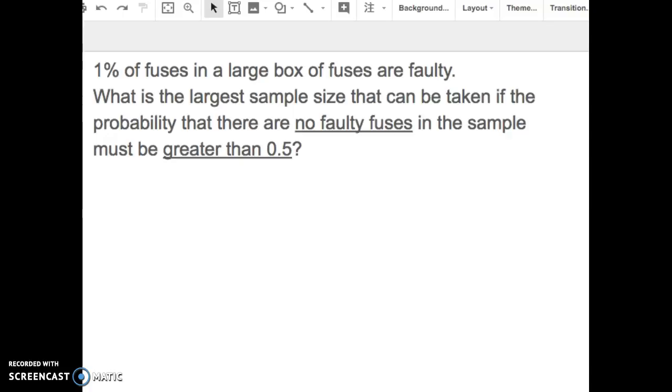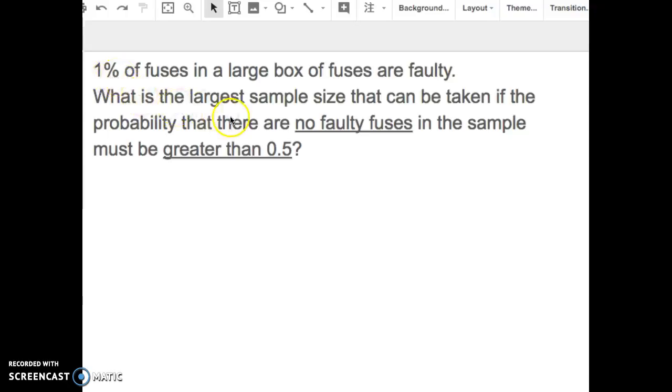Okay, welcome back. By now we should all be pretty fluent with using the right math notations for binomial distribution. It says that 1% of fuses in a large box are faulty. So our P is 0.01.